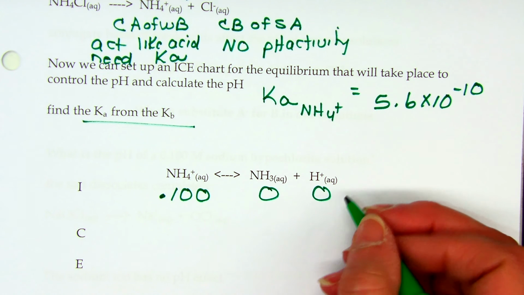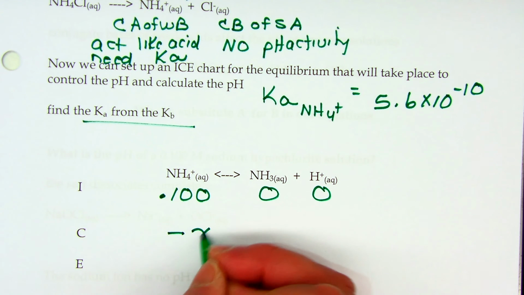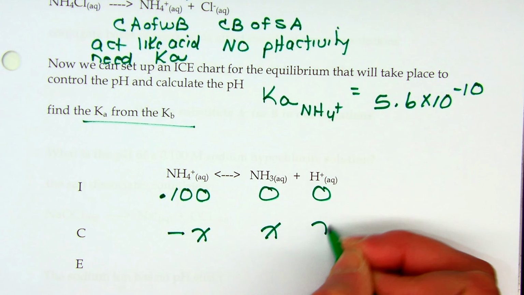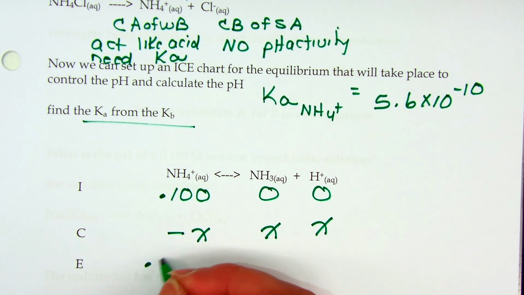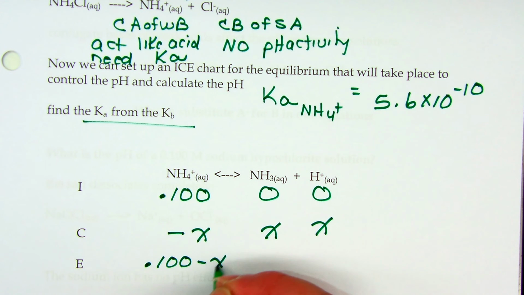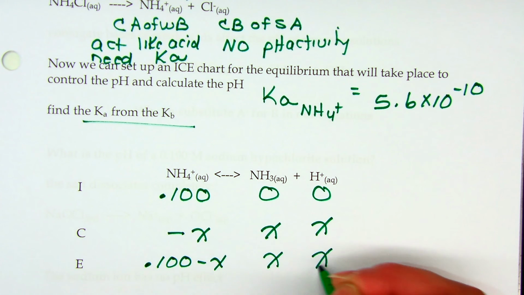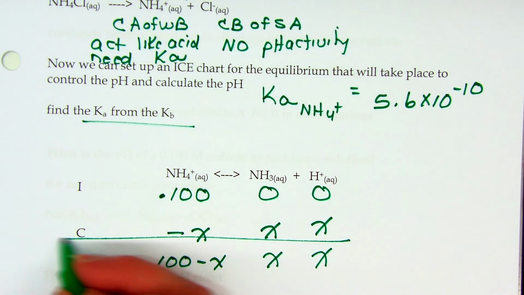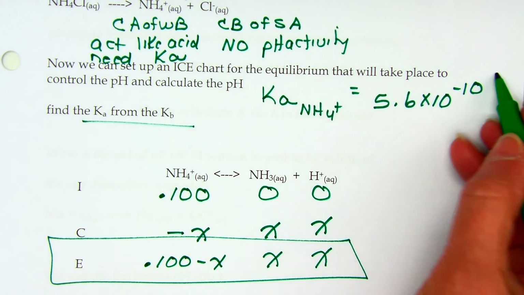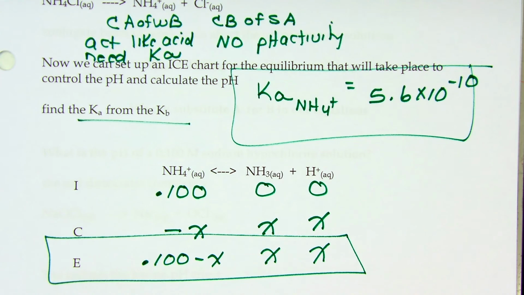0 and 0. Minus x, and plus x. 0.1 minus x, and x. Now we know Ka because we calculated this previously. So now we can determine what the concentration of the hydrogen ion is at equilibrium, and then we can find the pH.